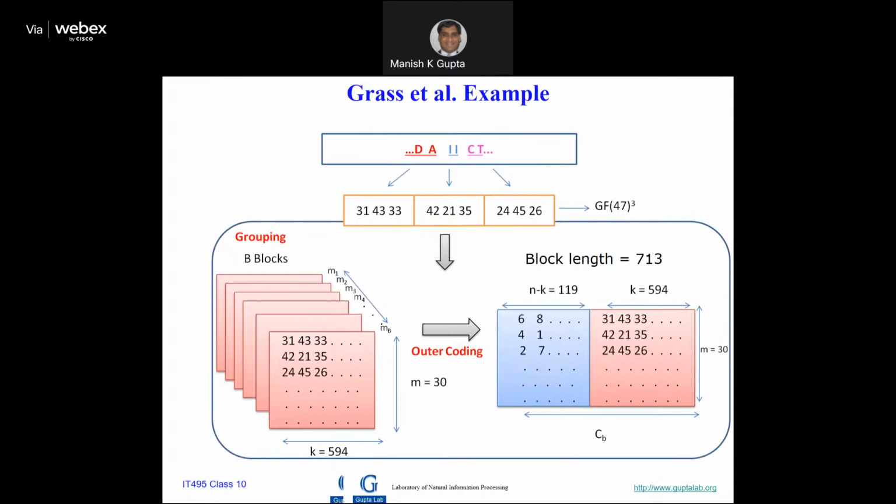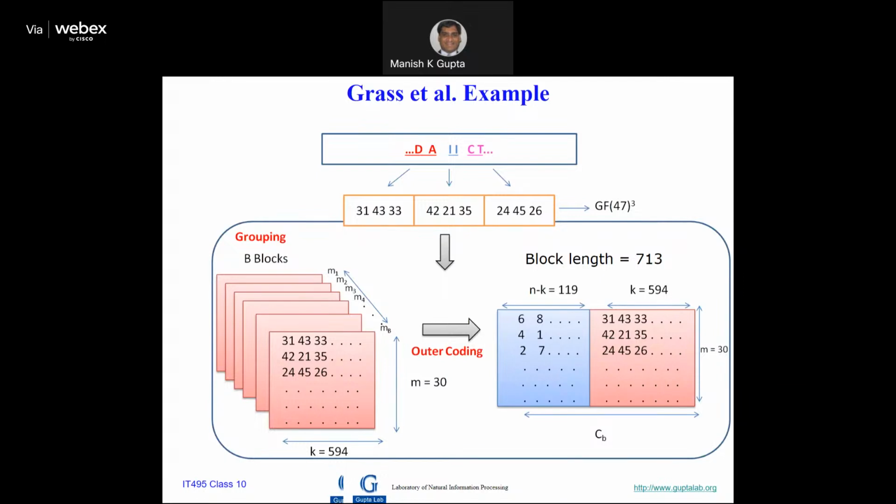That's all, nothing more than that. So the data stream is coming, the doc file, a PDF file, whatever. You chop it 2 characters at a time and convert it into these 3 characters over the field with 47 elements.